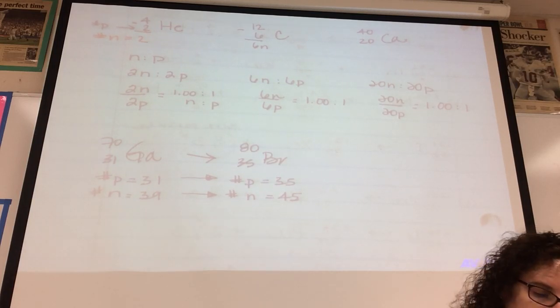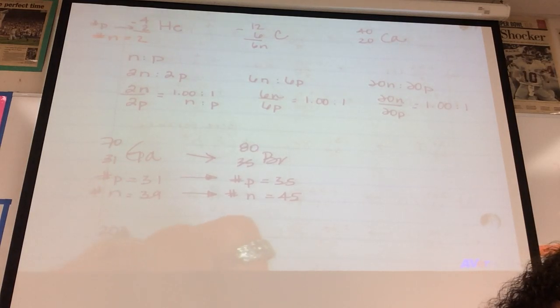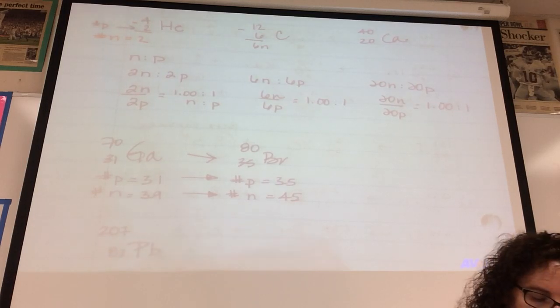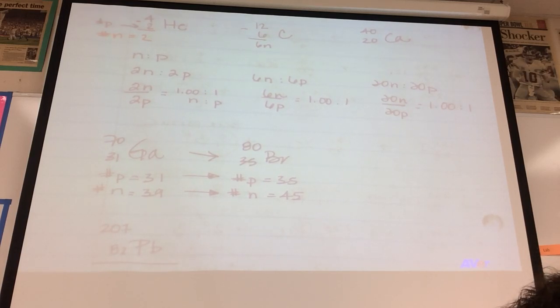For example, if you have lead 207, how many protons? 82. And how many neutrons?